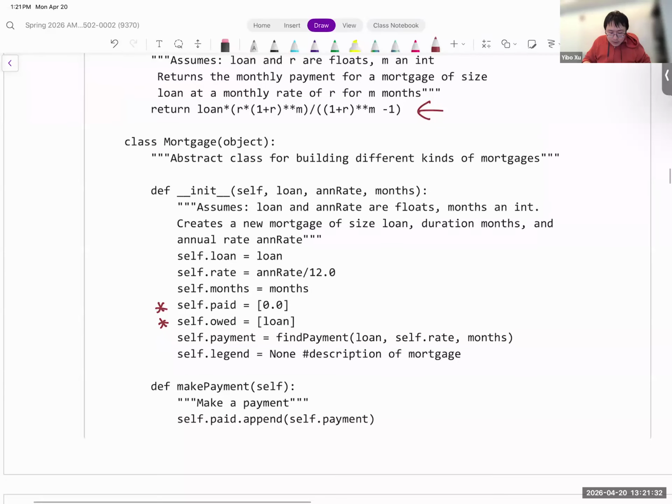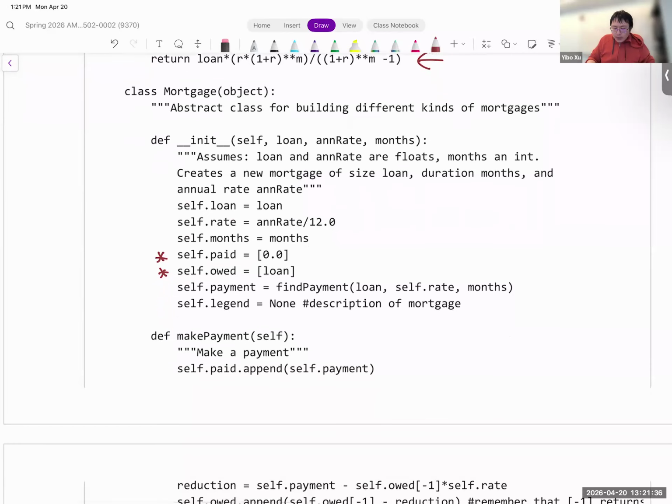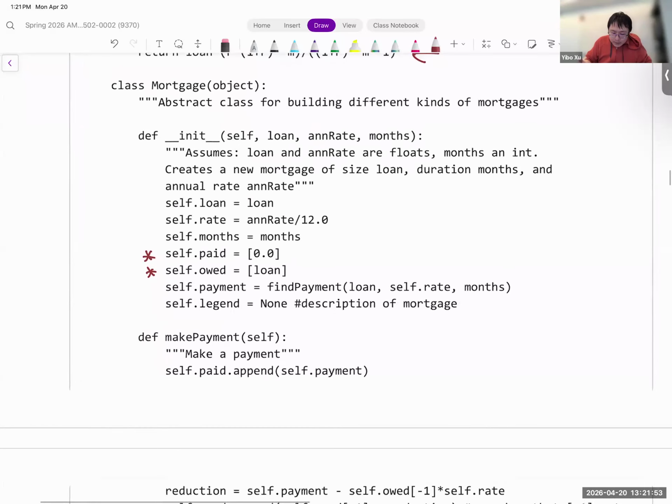So the class we're looking at is the mortgage class. We have three different kinds, but firstly we establish the fixed rate, fixed amount of years. The second and third are going to be treated as subclasses. And of course, to initialize, we need the amount of loan and the annual rate, that's the APY that we're going to start with.